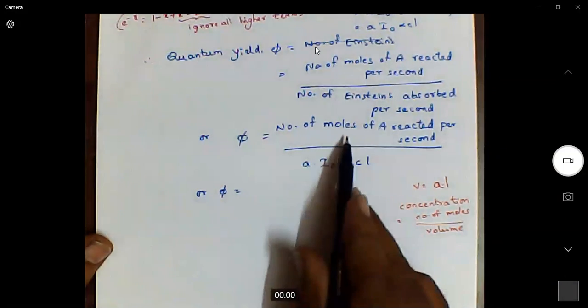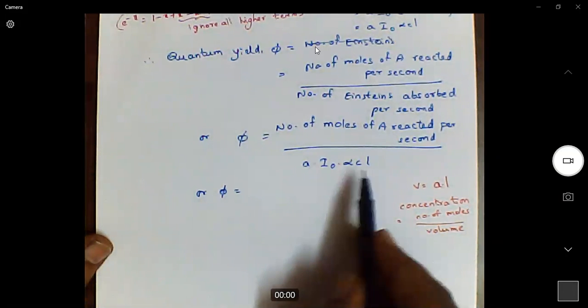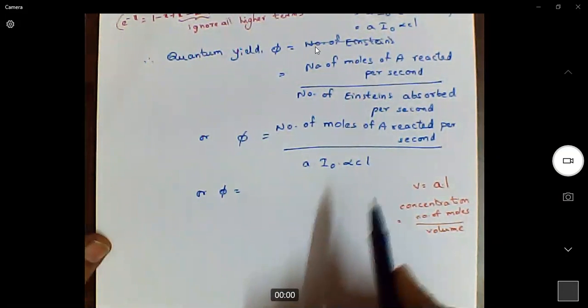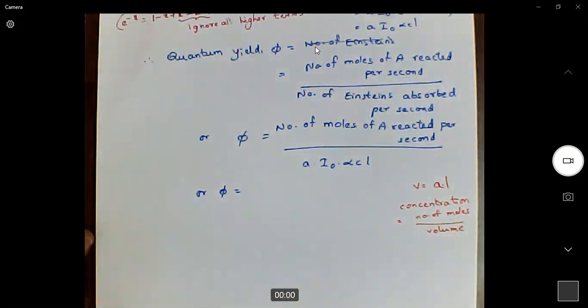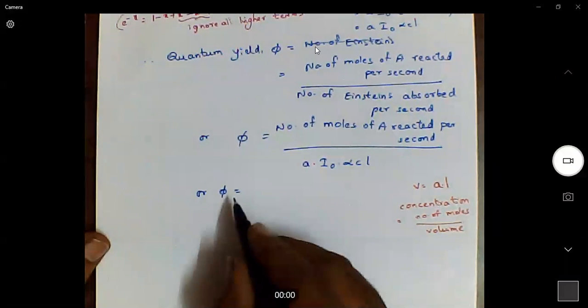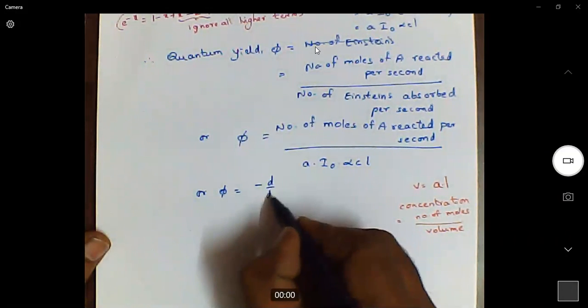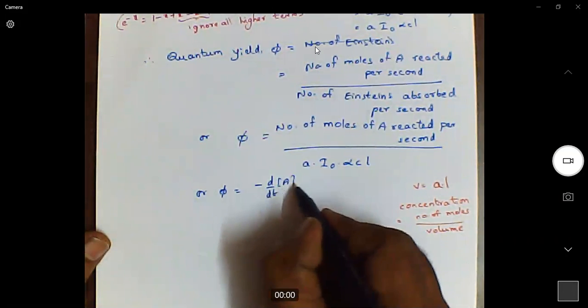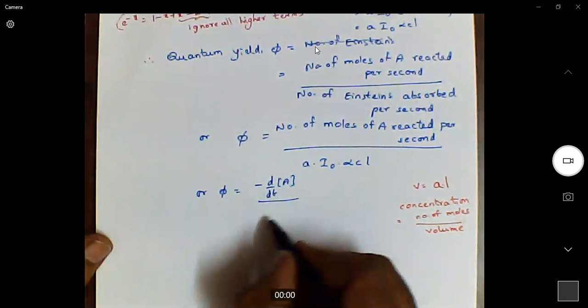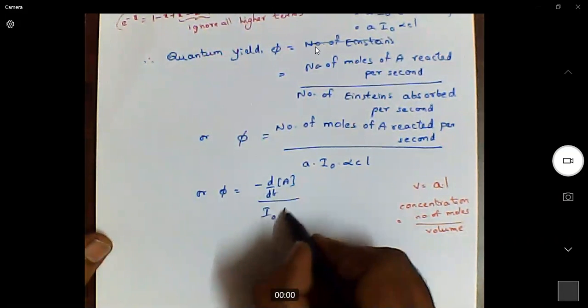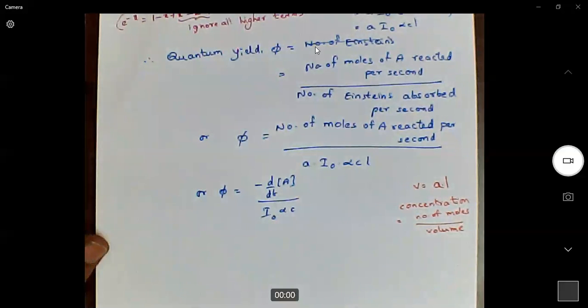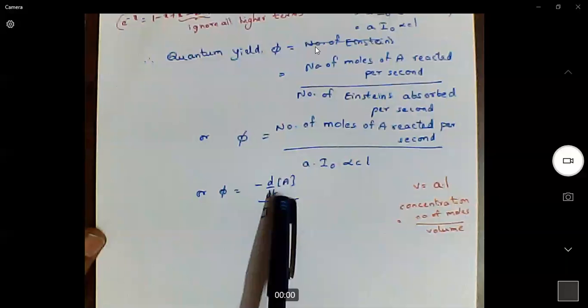So number of moles of A divided by A into L, the volume, becomes concentration of A. Therefore, phi is equal to minus d by dt of A by I naught alpha C. See, why am I writing d by dt?